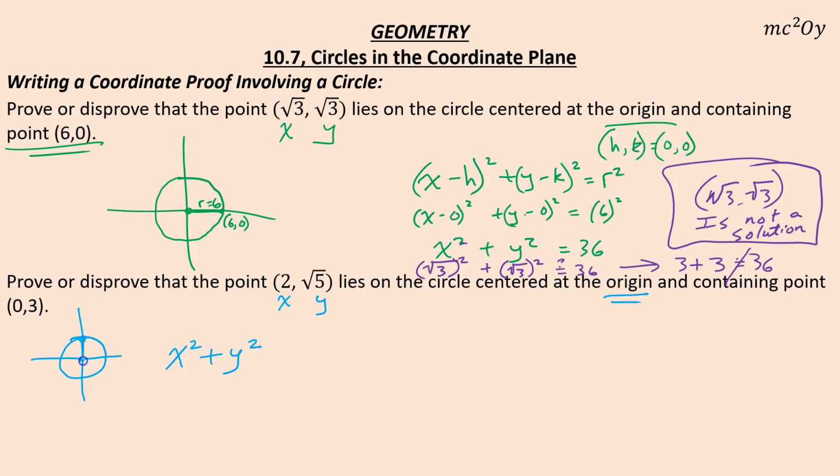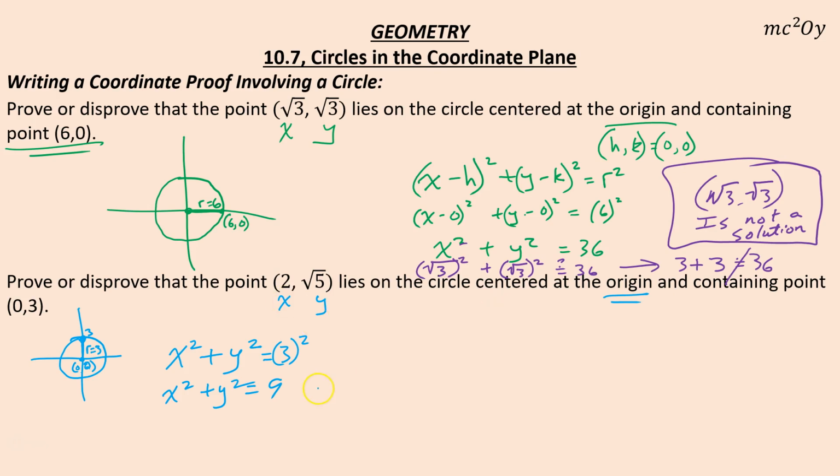We go through this point right here. It means my radius, if this is 3, is 3, and we have (0, 0) as my center there. So my radius is 3, so that means r squared is 3 squared. So we get my equation, x squared plus y squared equals 9.